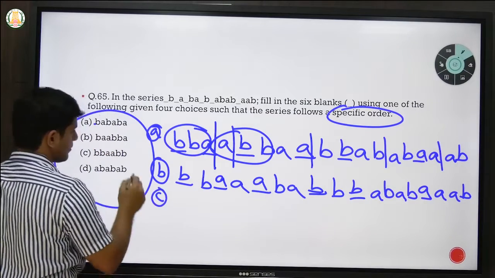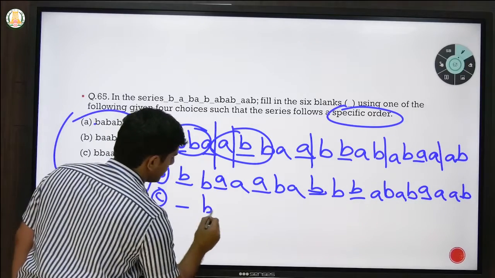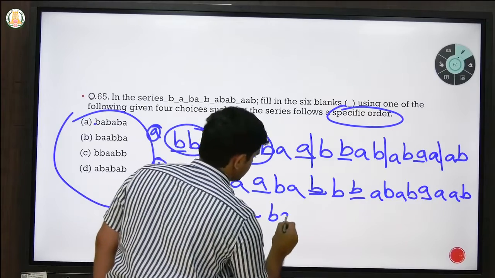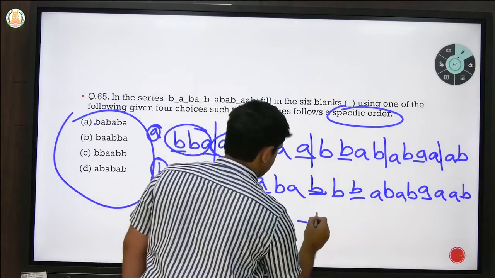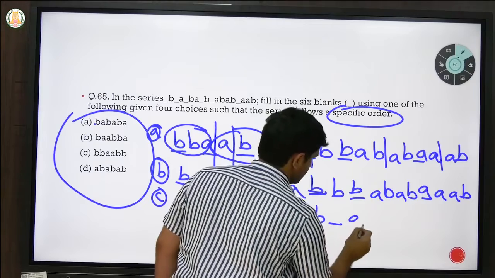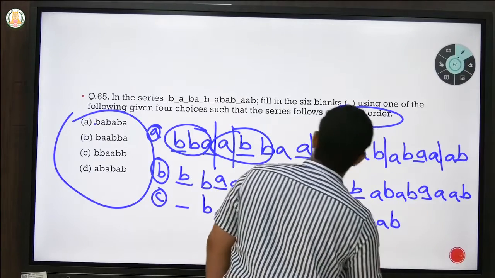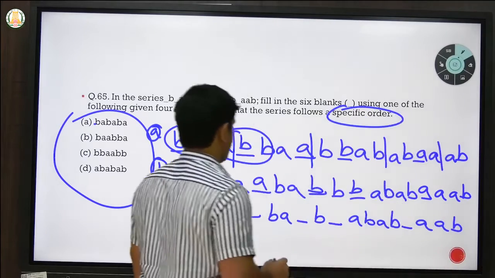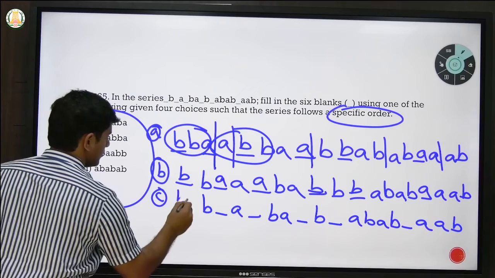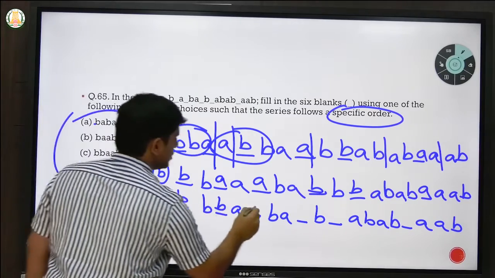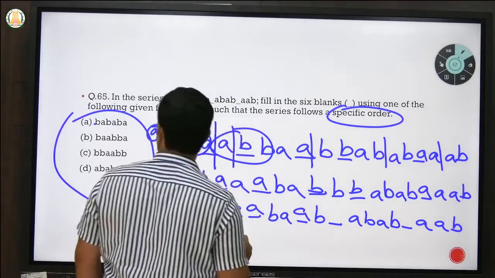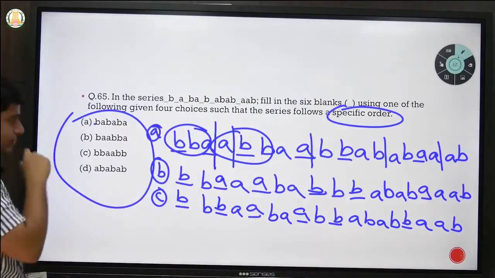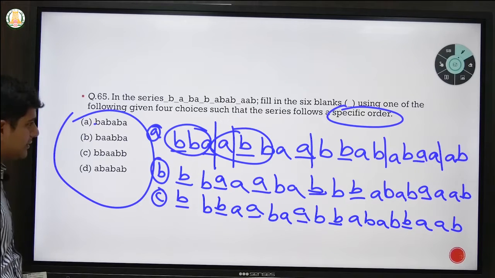Let's go for C. Again, you copy the question. B, B, A, A. So here, can you again find some kind of a pattern?